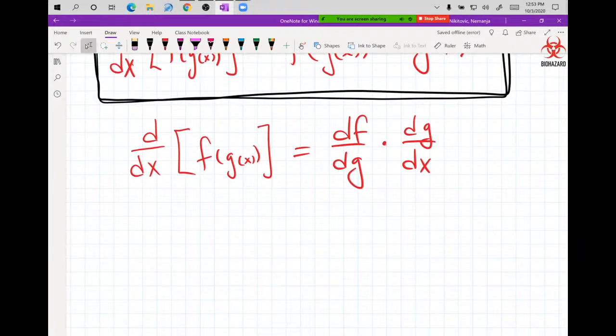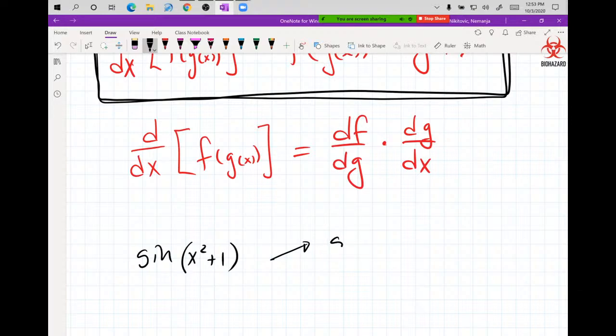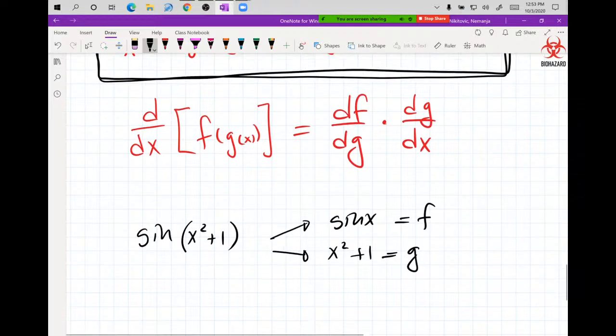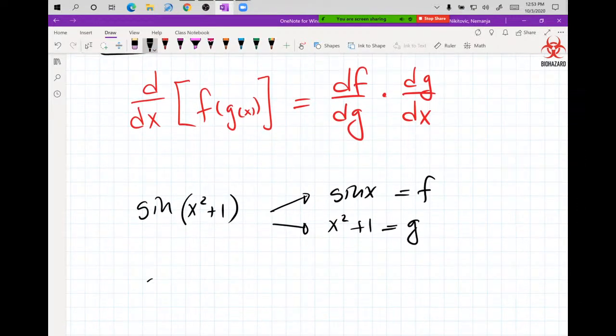But if you just want to learn this from a perspective of basic variables and letters, let's quickly take a look at sine of x squared plus 1, because we decompose that as sine x, which is your f, and x squared plus 1, which is your g. Would you all agree that this is just sine of g?